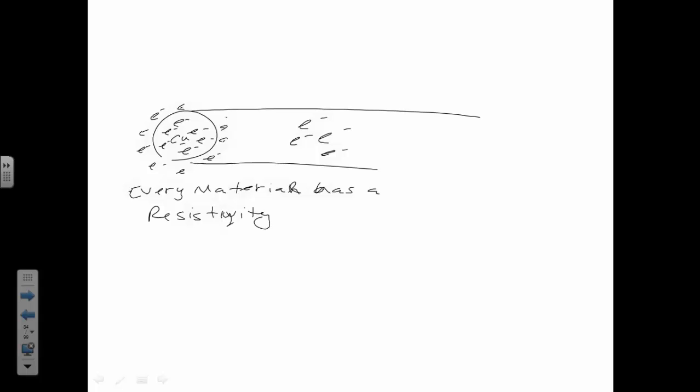The letter we use for that is rho. Okay, another Greek letter. Copper has a rho. Gold has a rho. Glass has a rho. And the higher the rho, the more conductive you are.